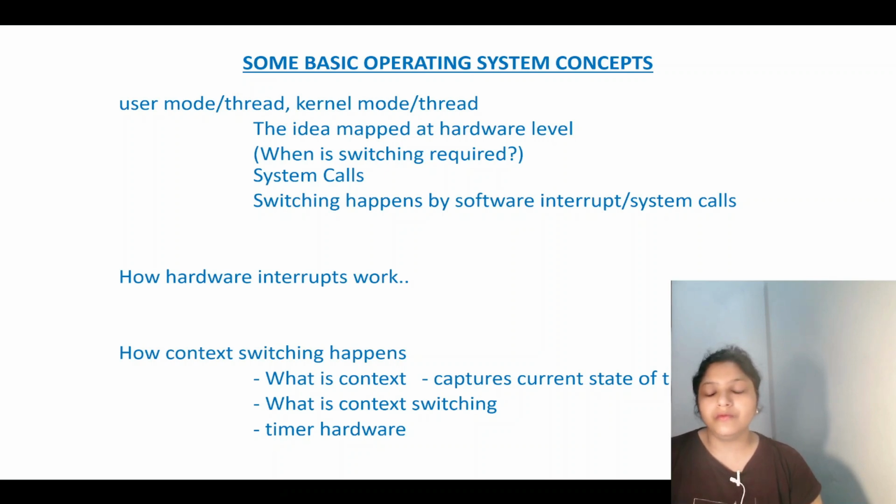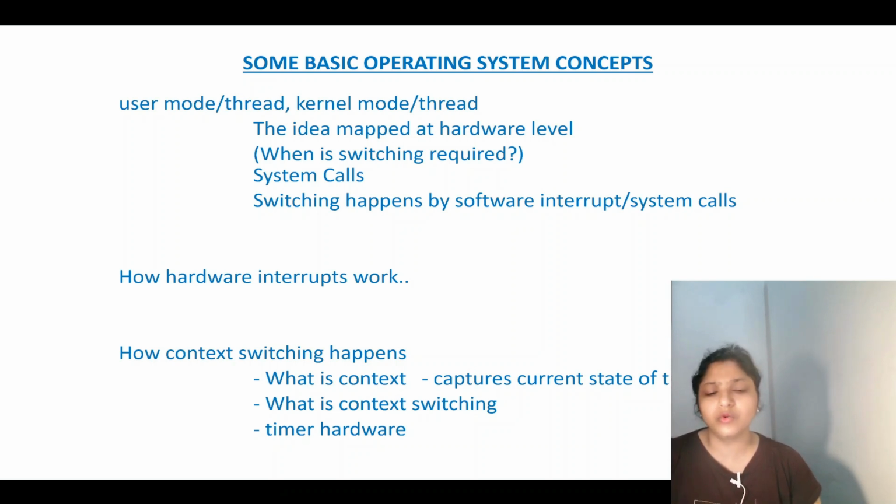Every hardware device has an innate capability to raise what is called a hardware interrupt. This is a way by which the device informs the CPU that, look, I have something to say. It creates some kind of buzz in the hardware circuitry.